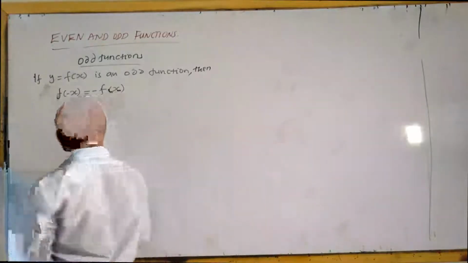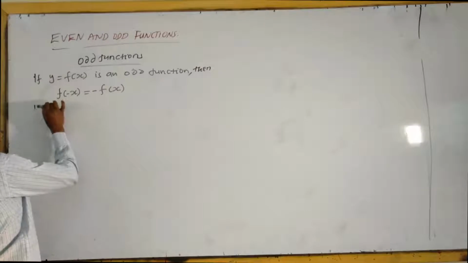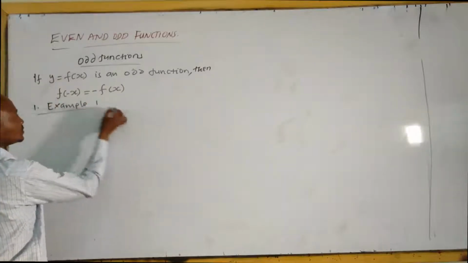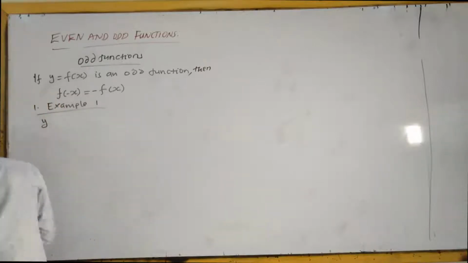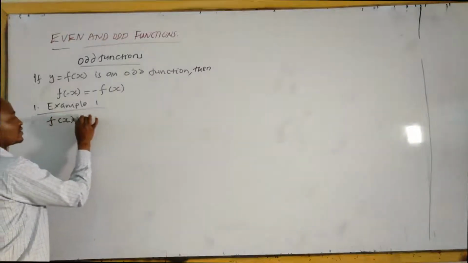This can be clearly illustrated by taking two examples. Example 1. Let us say, we don't have to keep on saying y, the function of x is equal to x cubed.